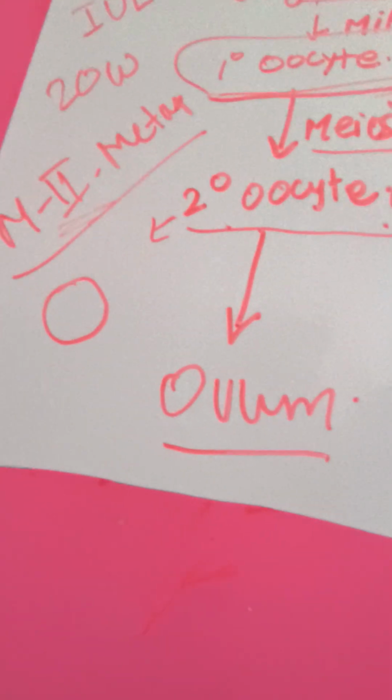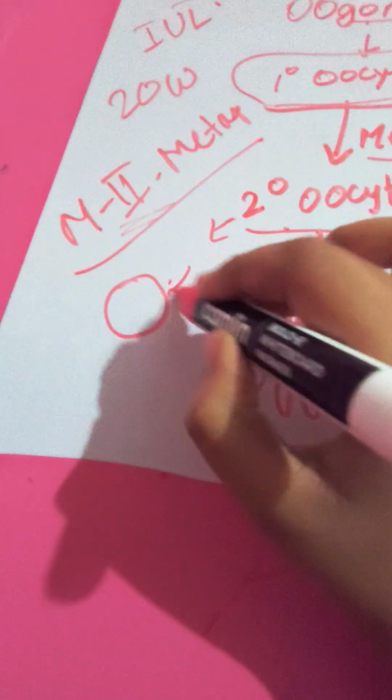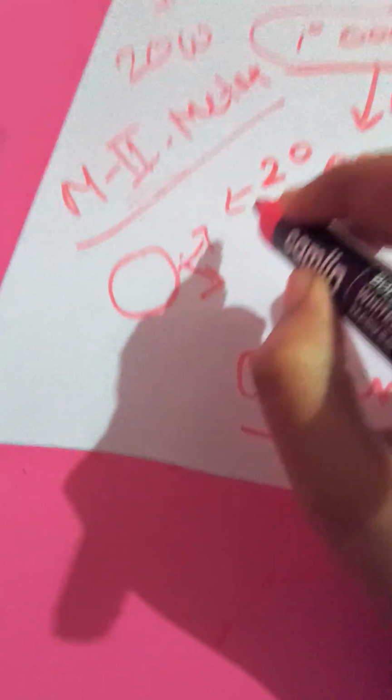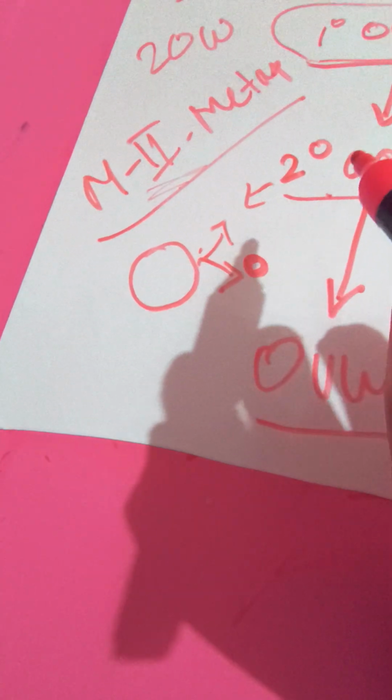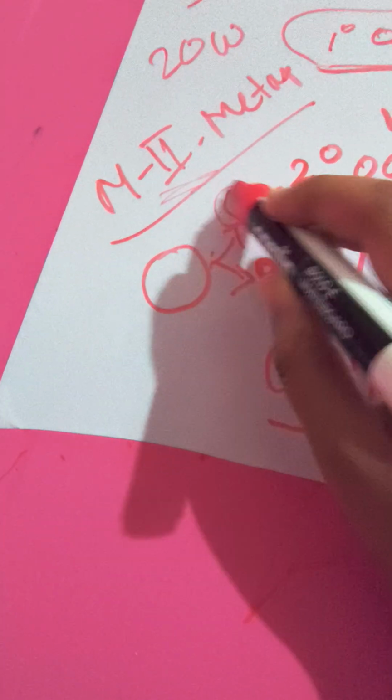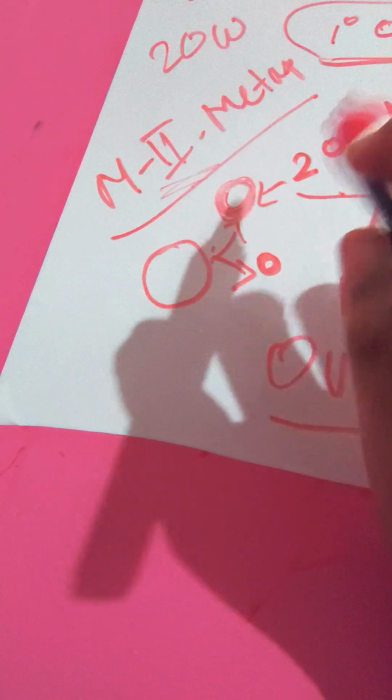It is arrested in this phase, and it will divide to give rise to a polar body and ovum. The ovum is big because it contains a lot of cytoplasm, because it needs energy to develop into zygote and embryo. This division occurs at the time of fertilization only.